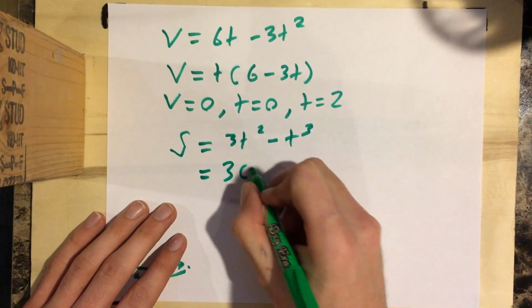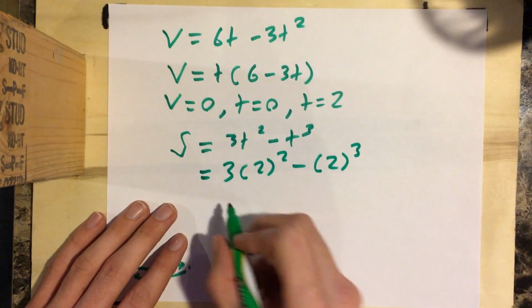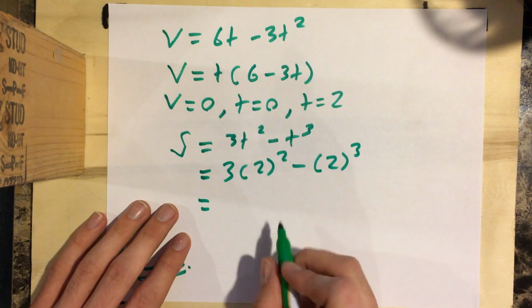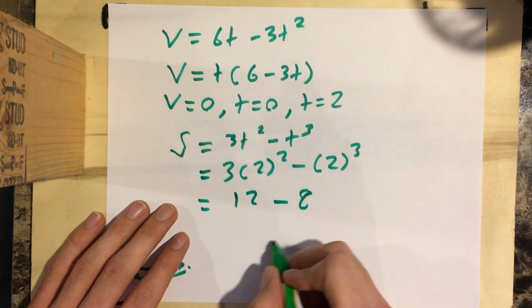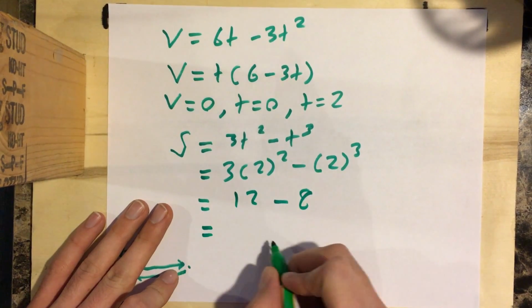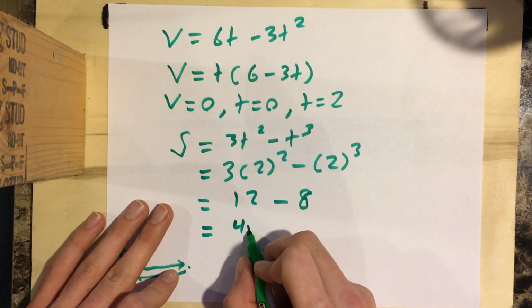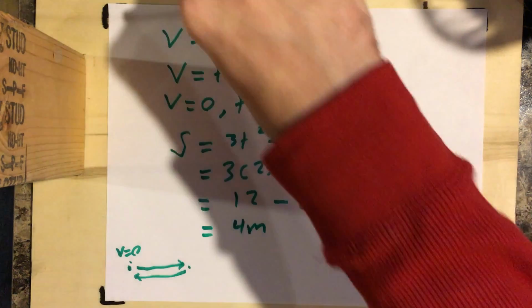So 3 times 2 squared minus 2 cubed. When you solve that, you get 12 minus 8, which is equal to 4 meters.